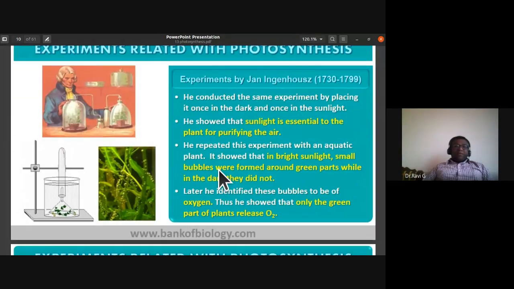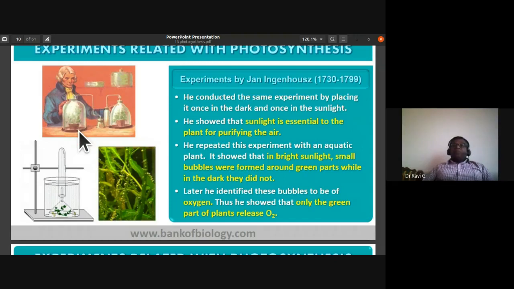Then the experiments by Jan Ingenhousz. He conducted the same experiment by placing the setup once in the dark and once in sunlight. He showed that sunlight is essential for plants to purify the air, that is, to liberate oxygen.